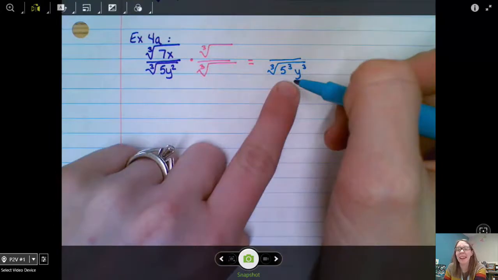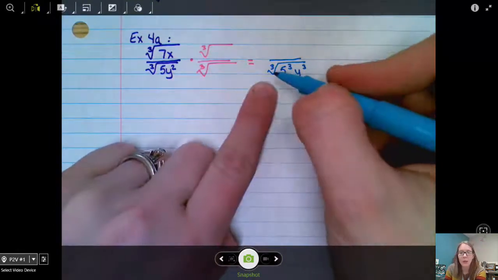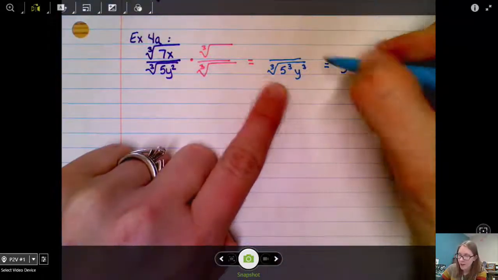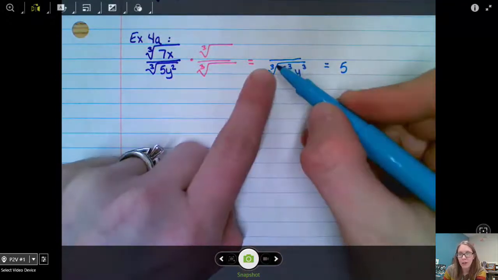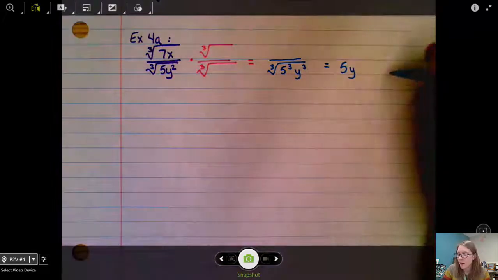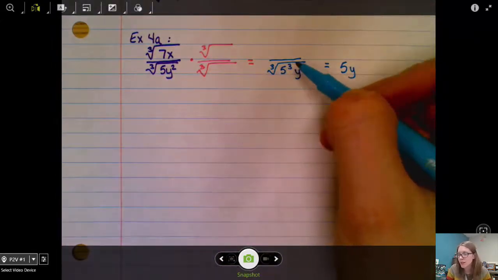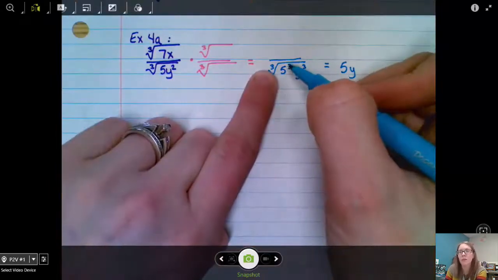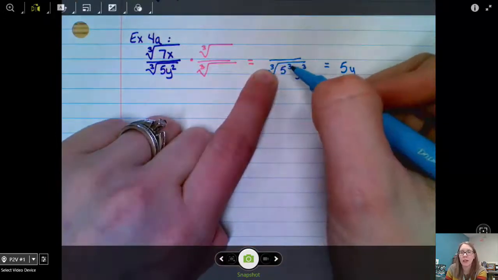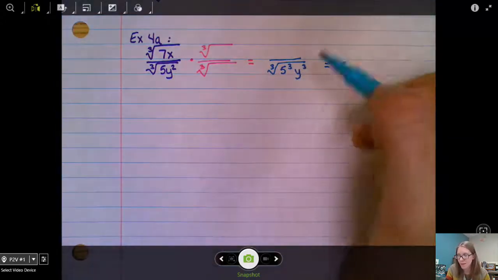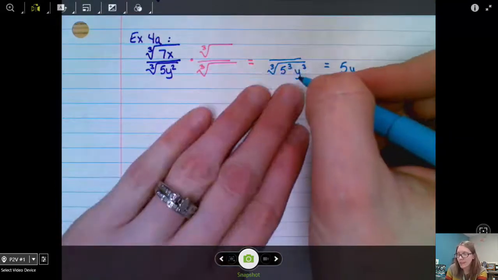This is what I want to get, because then I could cube root 5 to the third and get 5. I could cube root y to the third and get y. So really I want to make each of these parts to have a power that's a multiple of 3. So 3 is a multiple of 3, 3 is a multiple of 3. All right, so this is what I want to have on the bottom.